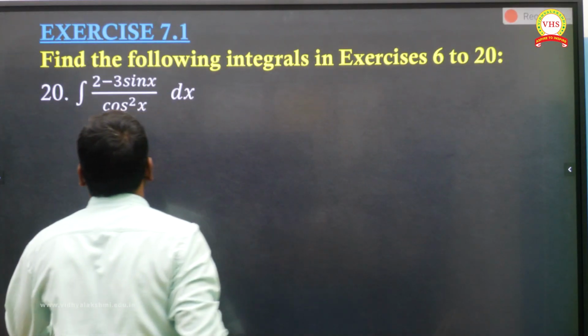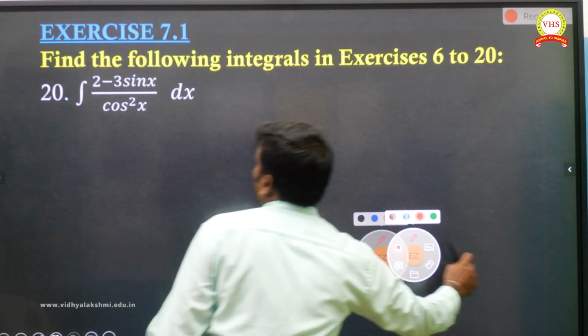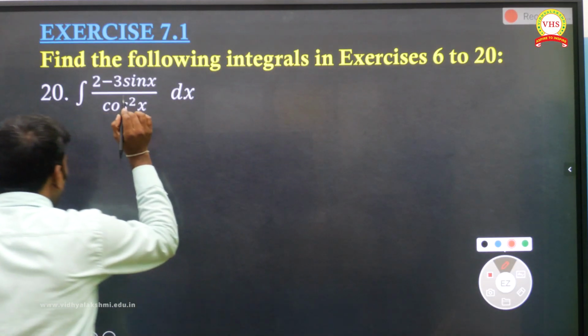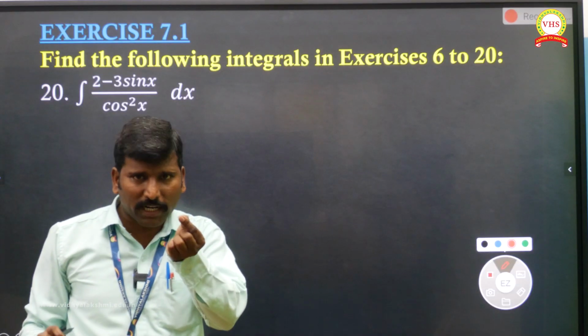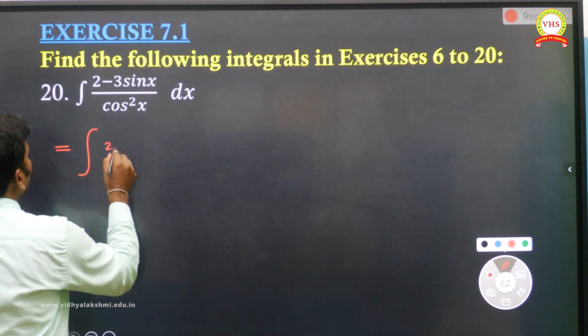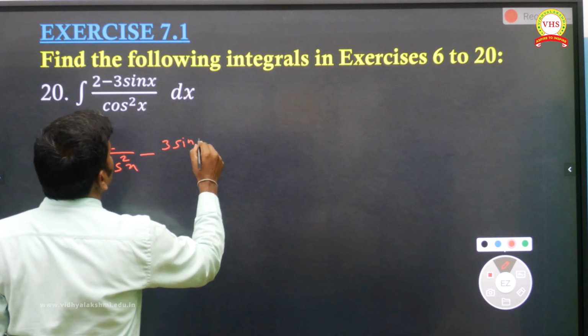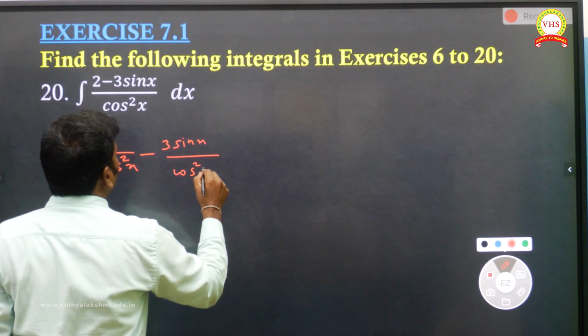Question number 20 is also fully a trigonometric function, children. So we have to try to simplify this. As I said, if the denominator term is 1, give it separately for both terms. So 2 divided by cos square x minus 3 sin x divided by cos square x.